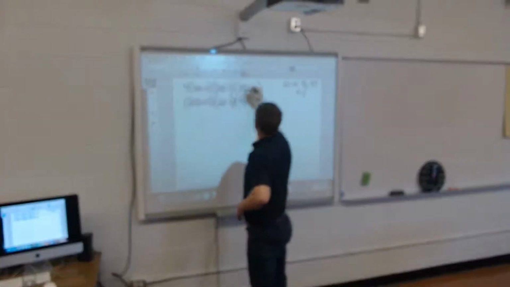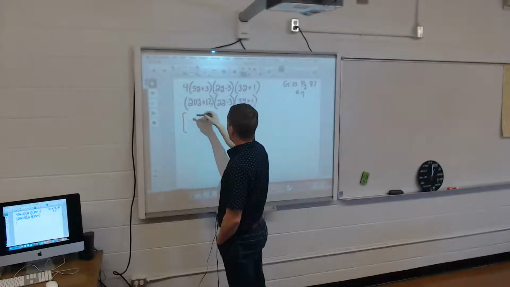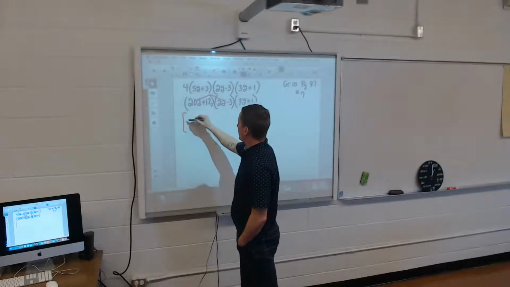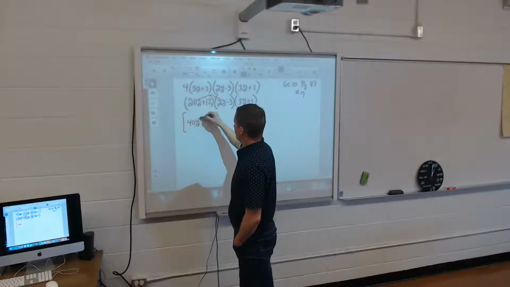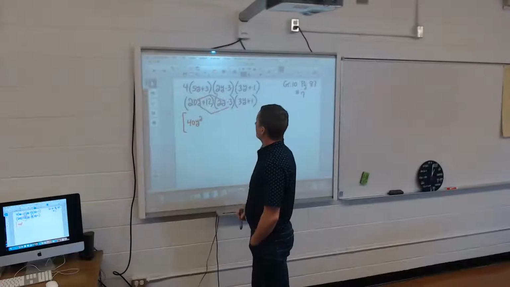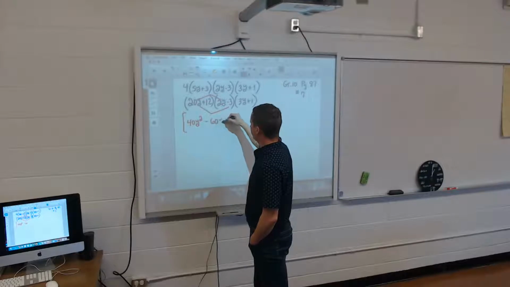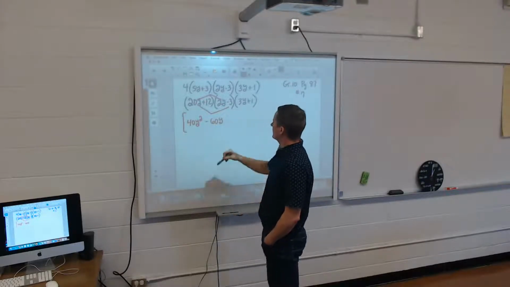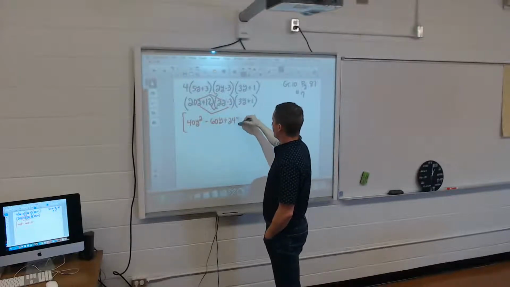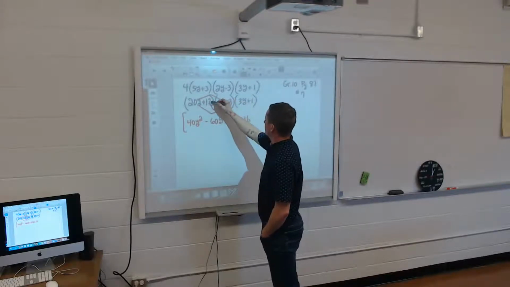By FOILing the first two, I've got, let's make a big square bracket here, 20y times 2y, which is 40y squared. 20y times negative 3 is negative 60y. Inside would be 24y. And then 12 times minus 3 is minus 36. So that would be that.